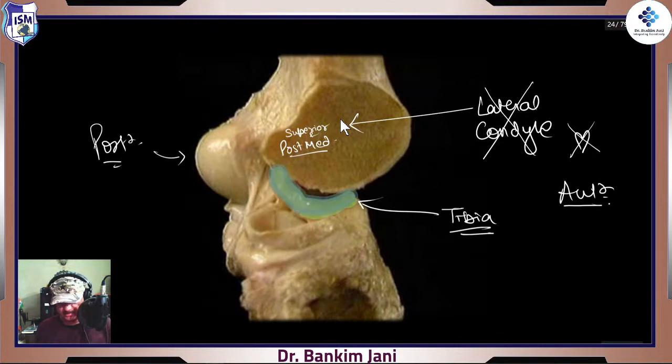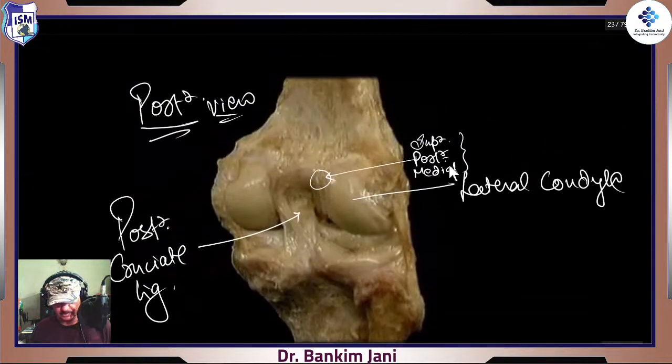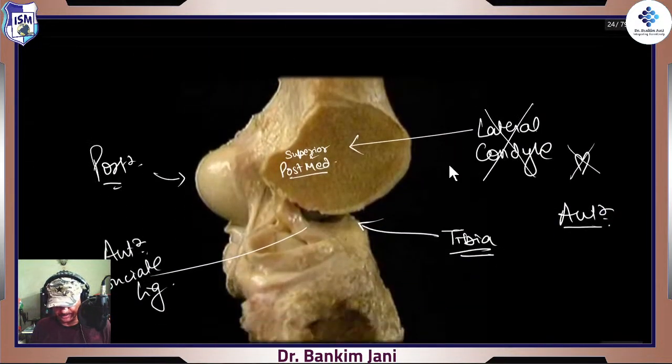To see this thing, I just remove this, and now you can have a look. This one is our anterior cruciate ligament. Now clear? Which one? That posterior view? This is in fact the angular view. And this one is posterior, that I have already written.